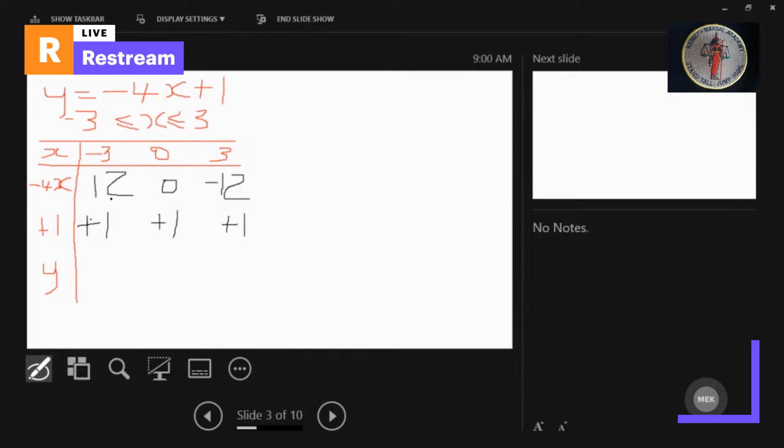So our y values would be 12 plus 1, which is 13, 0 plus 1, which is 1, and negative 12 plus 1, which is negative 11. So our coordinate pairs would be negative 3 to 13, 0 to 1, and 3 to negative 11.